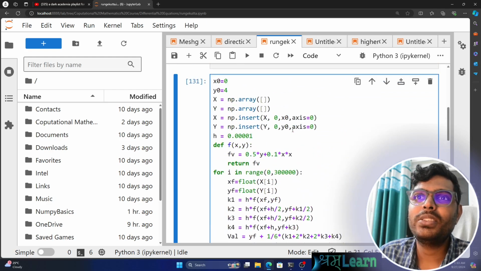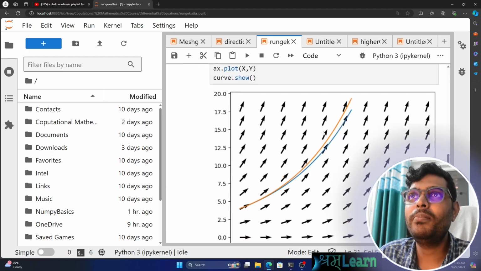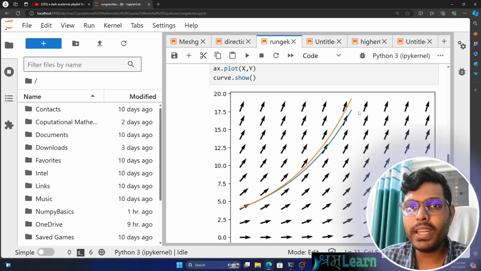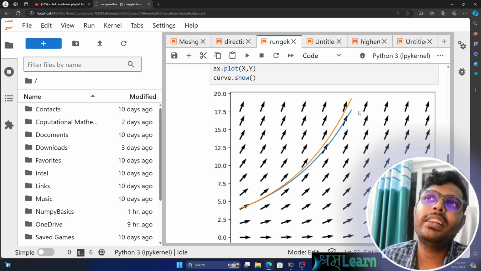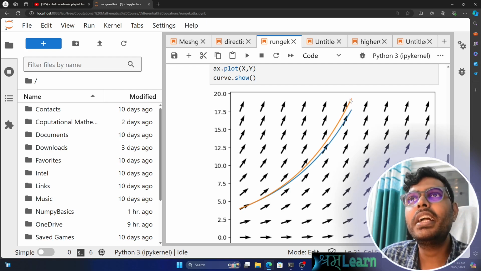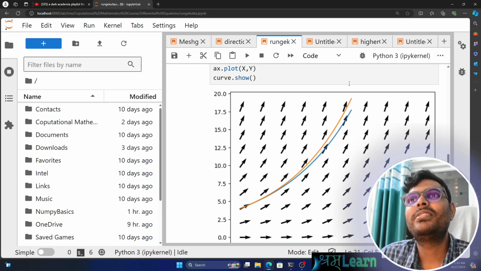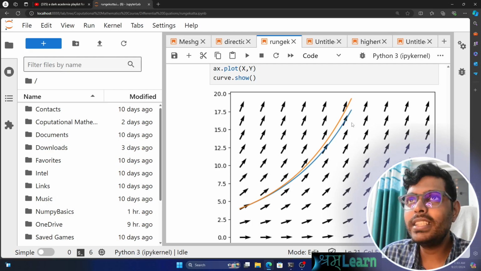So I want to discuss this. The blue one is the solution of the differential equation we got using pen and paper, and this is the Runge-Kutta method solution, right? So what is the observation here?